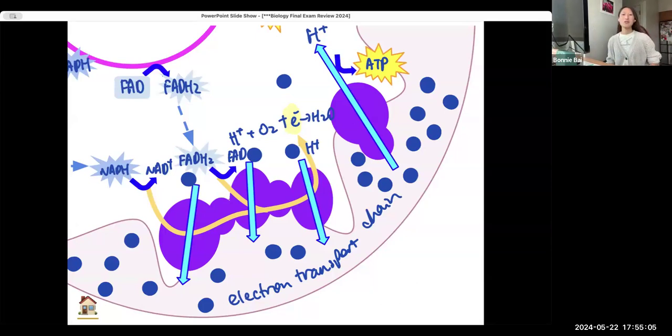It's just chemicals interacting with each other, but we care about the oxygen because it has such a high affinity for combining with the electrons. Oxygen is just hanging around, craving electrons. It's electron hungry.